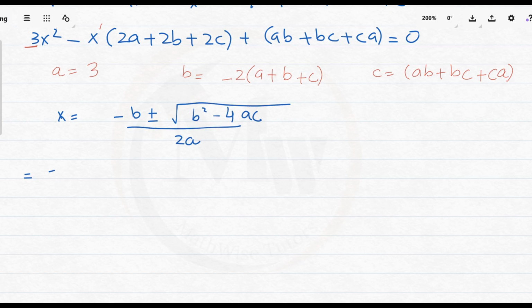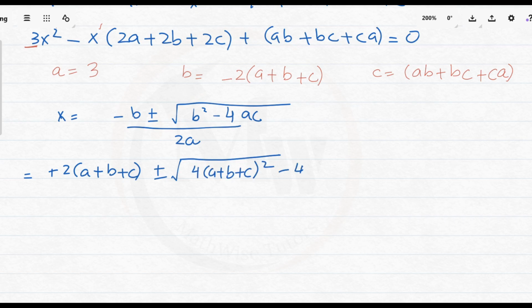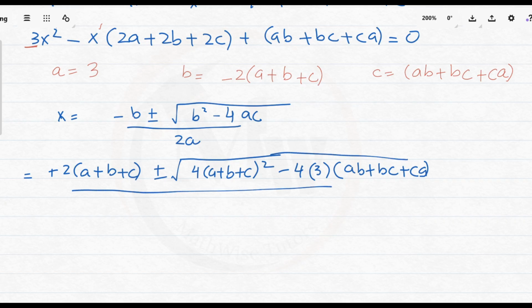By plugging in the values, it becomes minus times minus is positive. So positive 2 times a plus b plus c, plus or minus the square root of the square of these terms, so 2 squared is 4 and a plus b plus c whole squared, minus 4 times 3 times c, which is ab plus bc plus ca, and divided by 2 times 3.